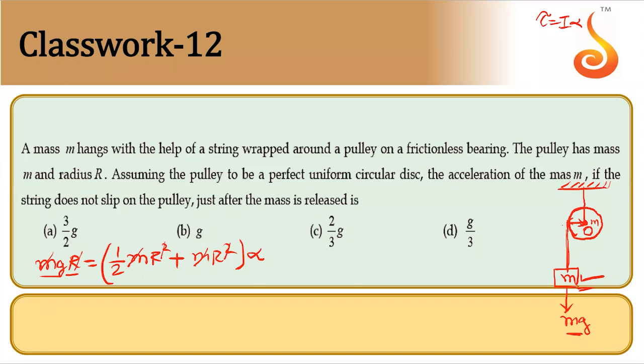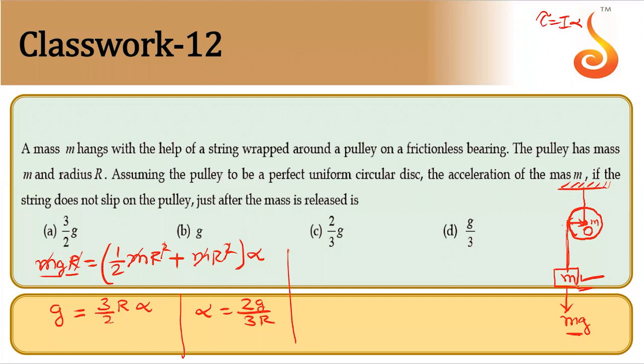So what we are left with? g is equal to half r plus r, 3 by 2 r, into alpha. So what do we get? Alpha equals 2g by 3r.